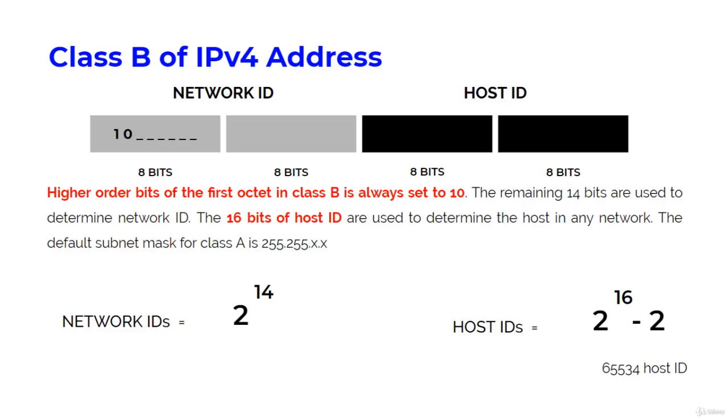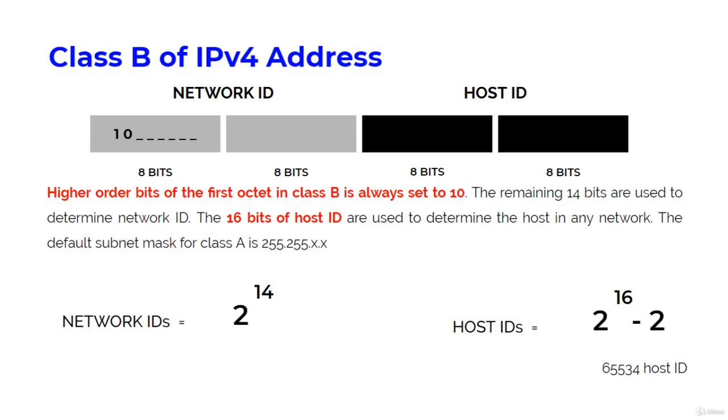The next is class B. IP addresses belonging to class B are assigned to networks that range from medium-sized to large-sized. The network ID is 16 bits long and the host ID is 16 bits long. The higher order bits of the first octet in class B are always set to 1, 0. Therefore, there are 14 bits remaining which are used to determine the network ID.